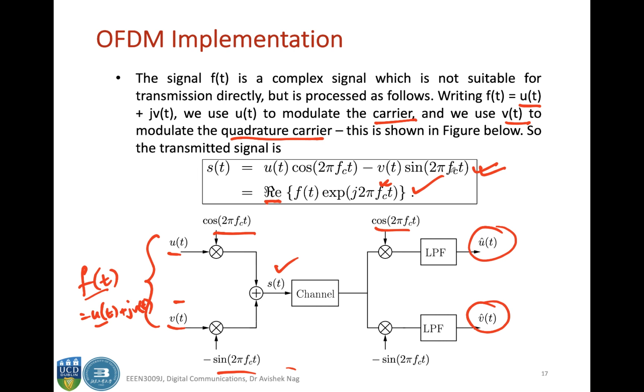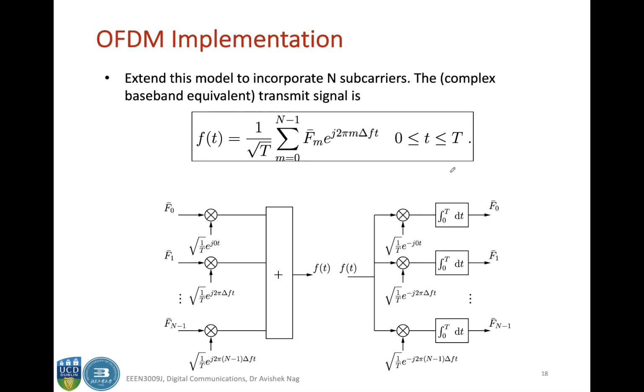Then FT is UT plus JVT, and you are actually sending ST as the real part of FT times e to the power minus j 2 pi fct. This FT can now be represented as follows.